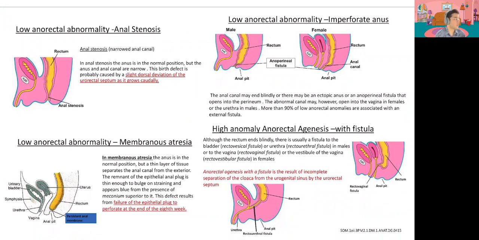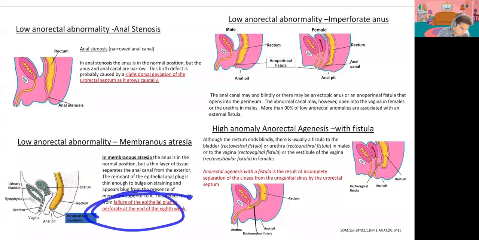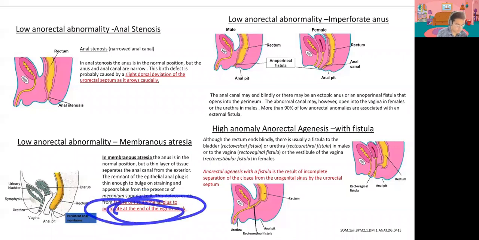That's what you need to remember. Versus the membranous atresia, which is failure of the membrane to perforate at the end of the 8th week. So if you don't see a perforation and there's some kind of bluish presentation, then you know it's a membranous atresia versus an imperforate anus.